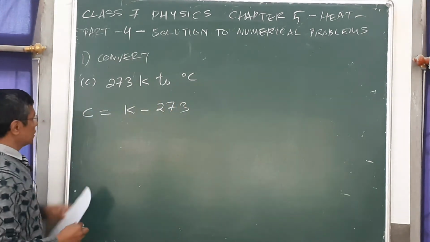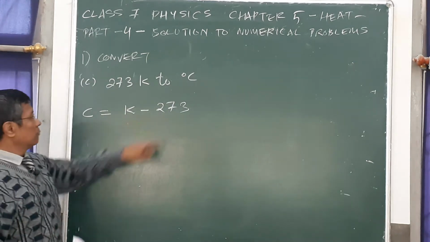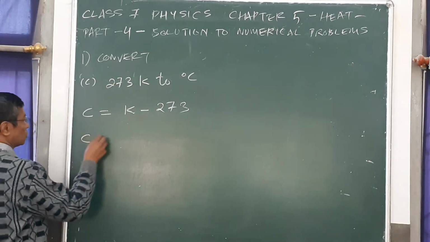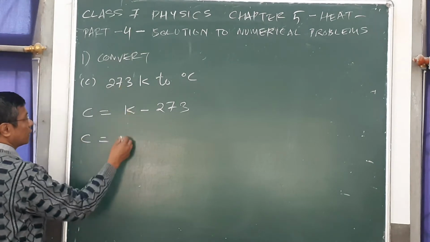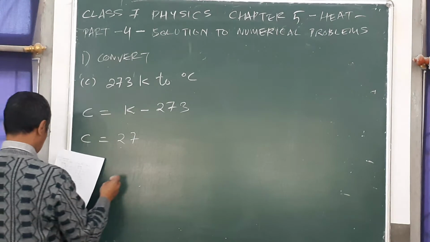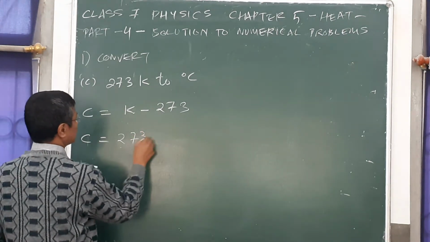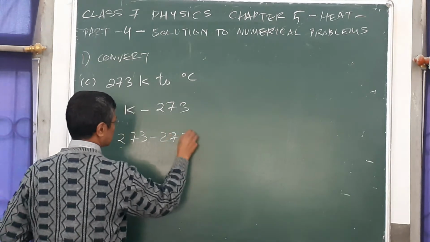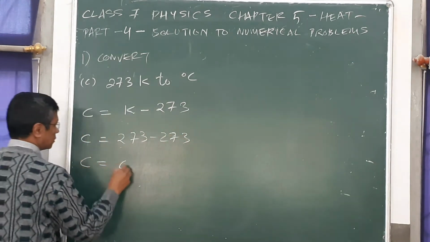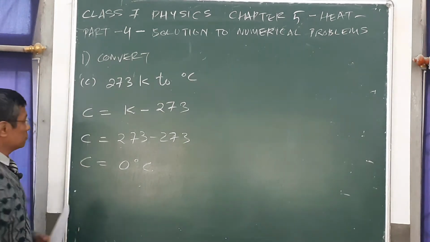Now, in this formula, C represents the temperature in Celsius, K represents the temperature in Kelvin, minus 273. So, this is very simple. Replace the value of K as 273, 273 minus 273. So, you will find that the temperature in Celsius is 0 degrees Celsius.